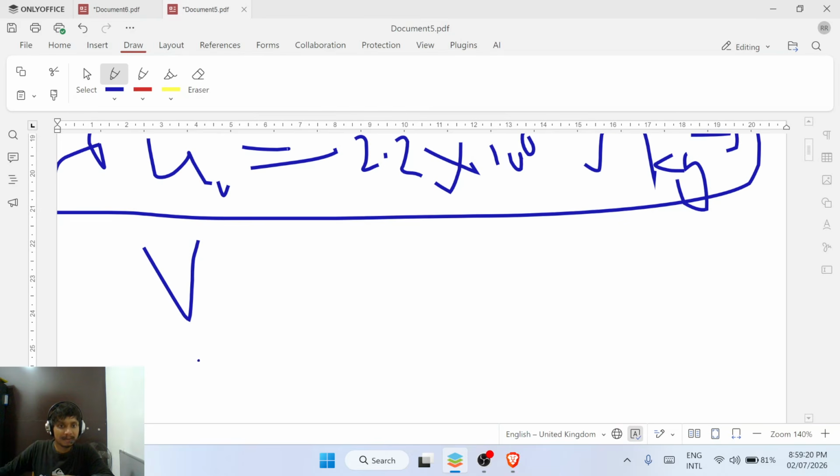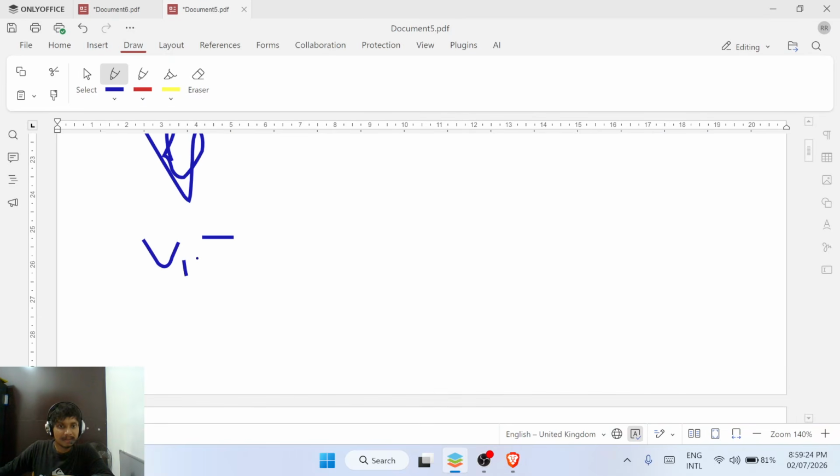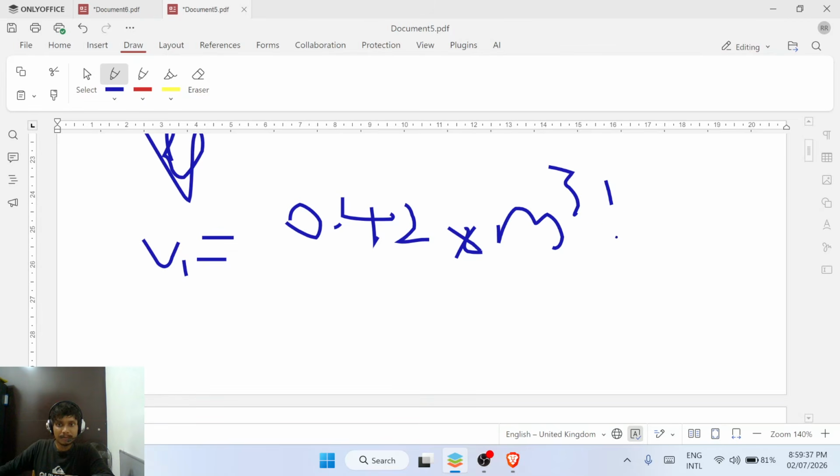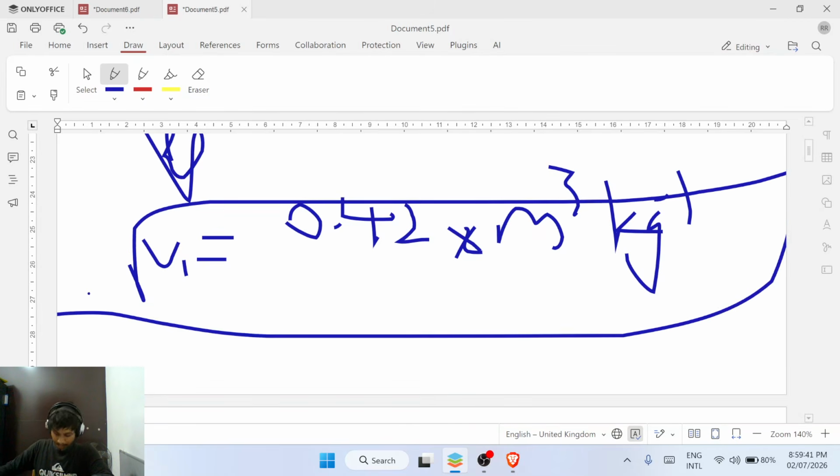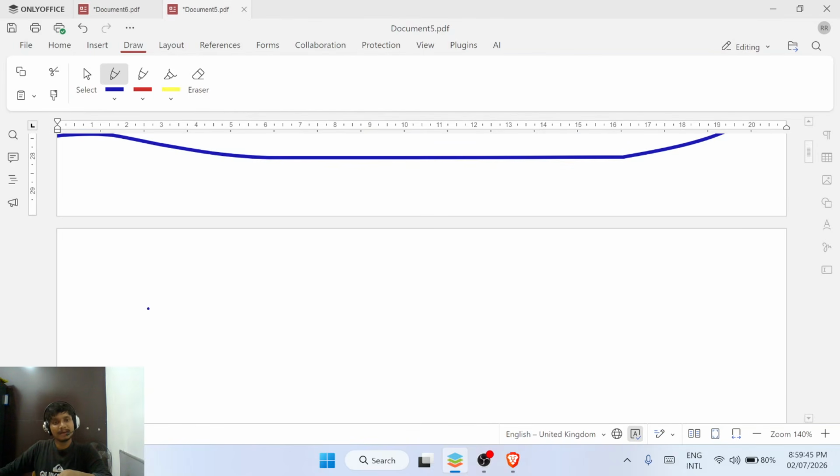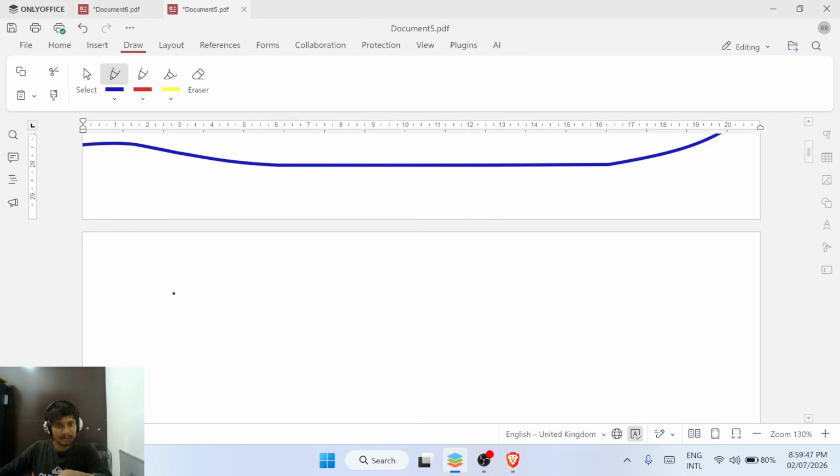Therefore, v1 is equal to 0.42 meter cube per kilogram. Please write on your rough paper or in your exercise book. Now we have written all the aspects of the initial stage.